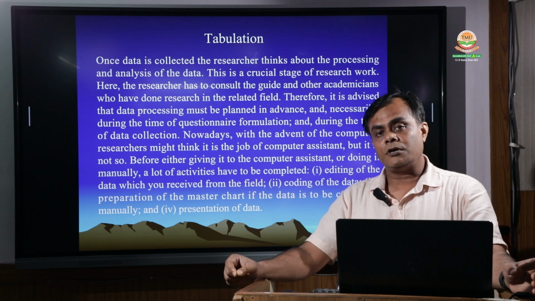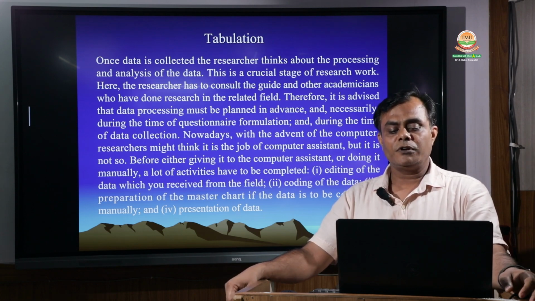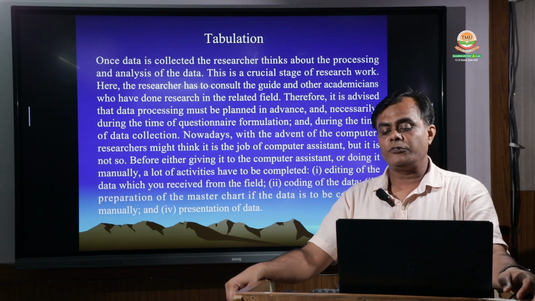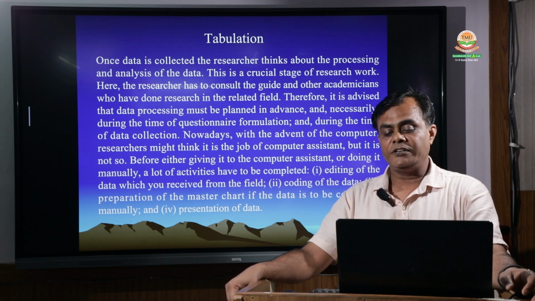So it is also a crucial job for the researcher. Before either giving it to the computer assistant or doing it manually, a lot of activity has to be completed.